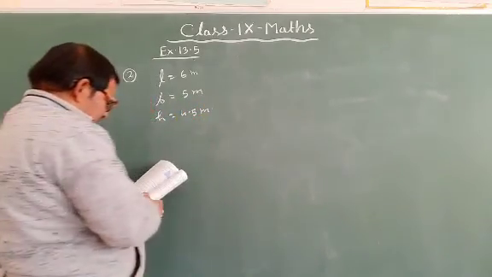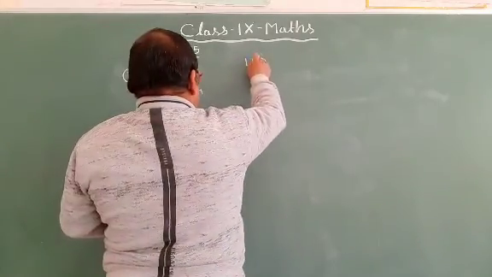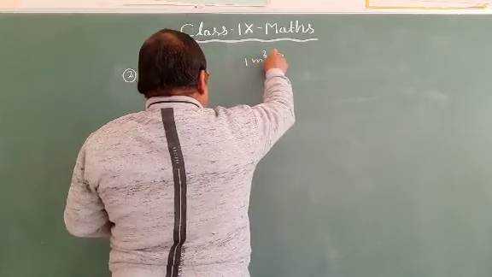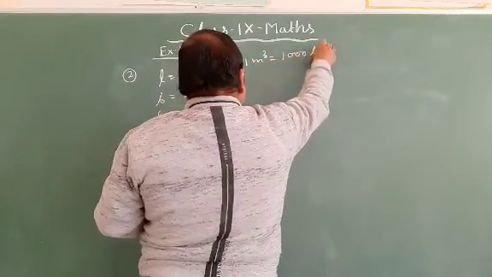How many liters of water can it hold? 1 meter cube is equal to 1000 liter.